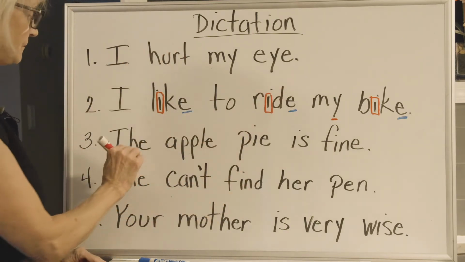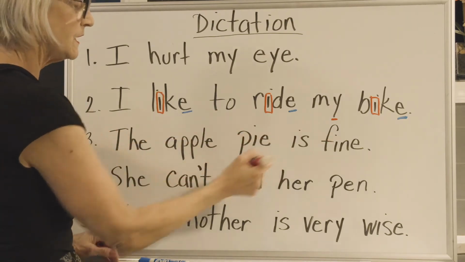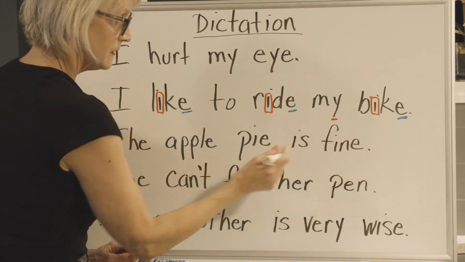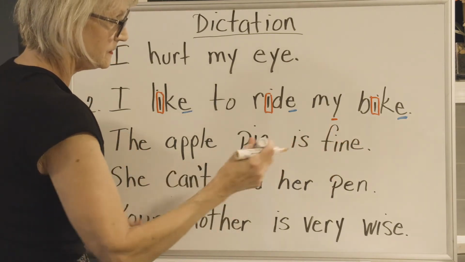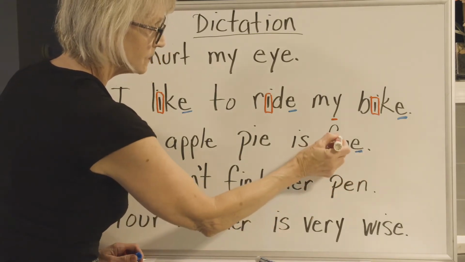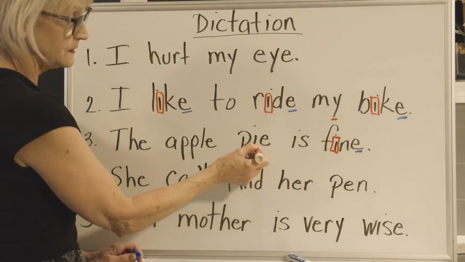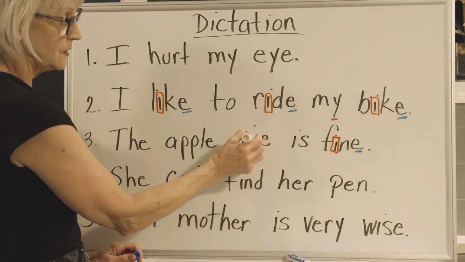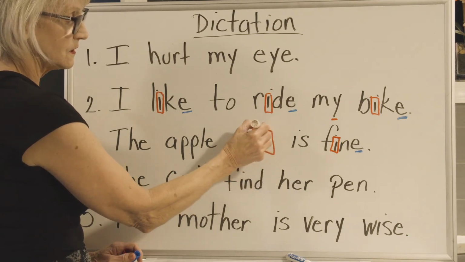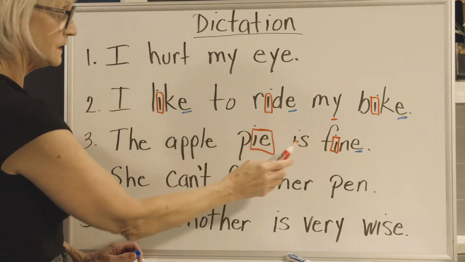Number 3, the apple pie is fine. See this pattern? Silent E. We don't hear that. Long I. And this one is interesting because this whole sound is a long I. The apple pie is fine.